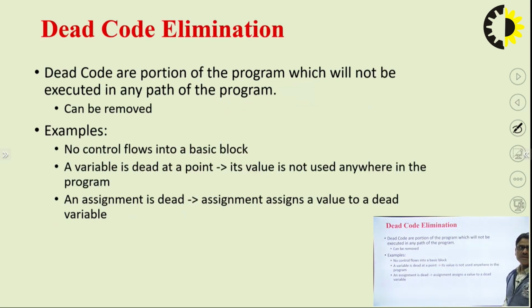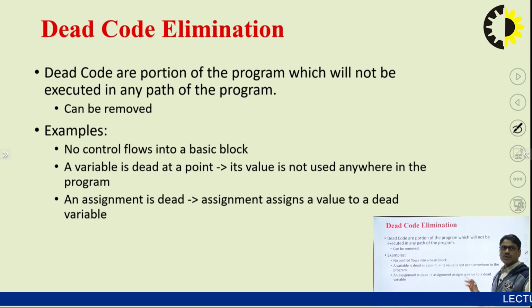Now dead code elimination. Dead code is code that is not part of the whole program and does not contribute anywhere. Dead code is the portion of the program which is not executed in any path of the program, and can be removed.